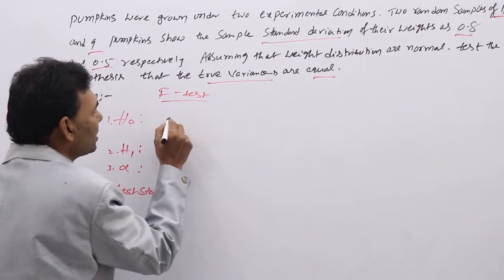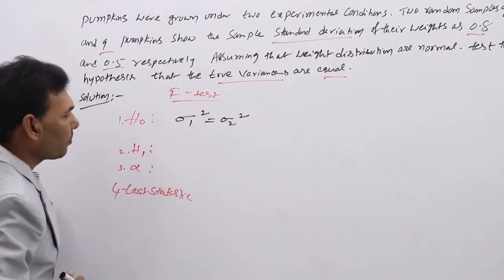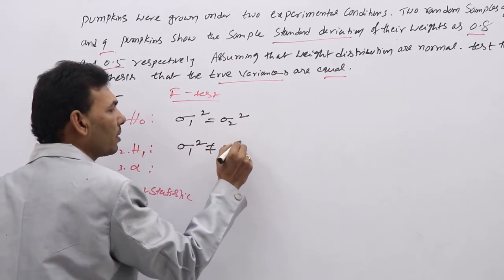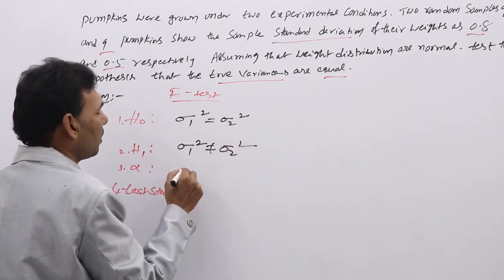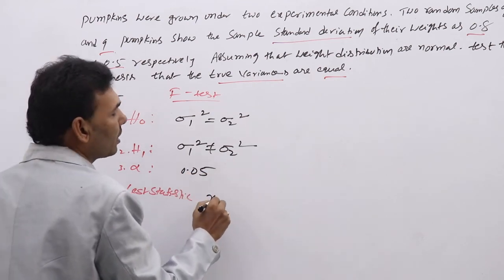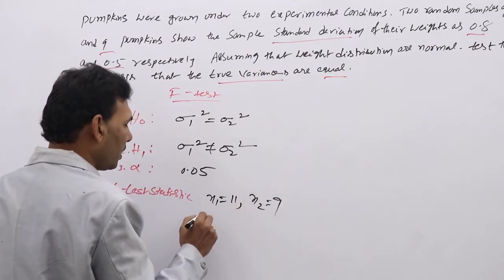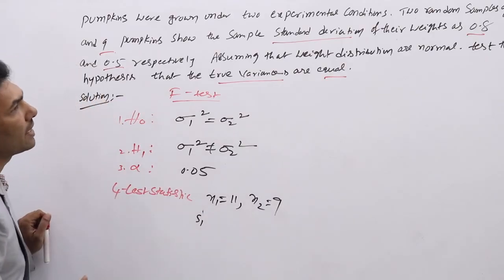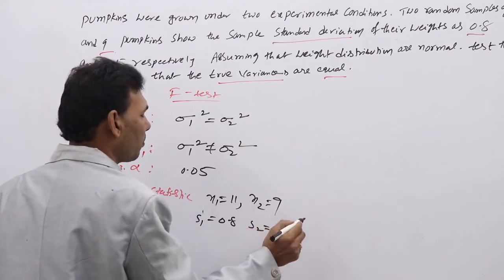H0, the null hypothesis: for equality of variance we take that variances are equal, and H1 that variances are not equal. Alpha is not given, so 0.05. Test statistic: N1 is 11, N2 is 9 and standard deviations S1 is 0.8, S2 is 0.5.